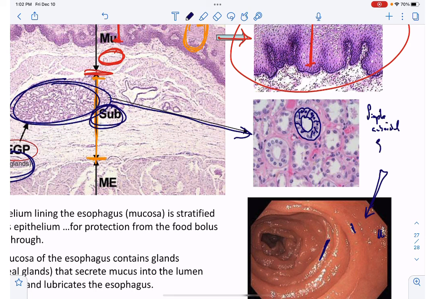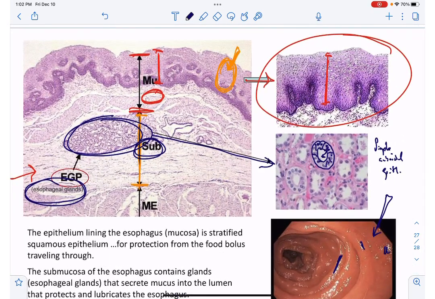That's simple cuboidal epithelium. So that's going to produce mucus. It secretes it into this duct. And then you're going to have ducts that travel through the mucosa layer, and then they're going to secrete that mucus into the lumen. And so it's going to line the stratified squamous epithelium.